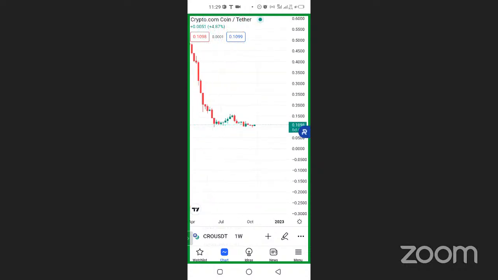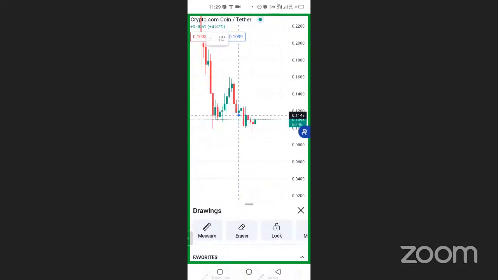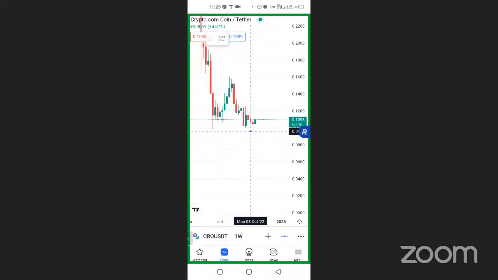So when we are drawing support and resistance lines, we don't go far. We look at the immediate lower low. This is the lowest point in the market. I hope you see it here. So here we draw our first line. We don't create a horizontal support line, we call them support areas.